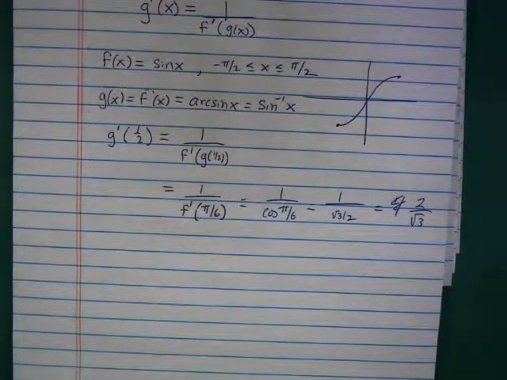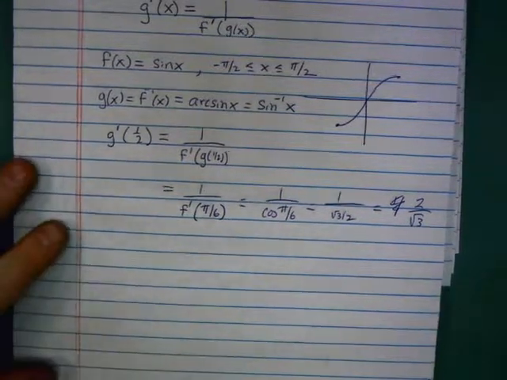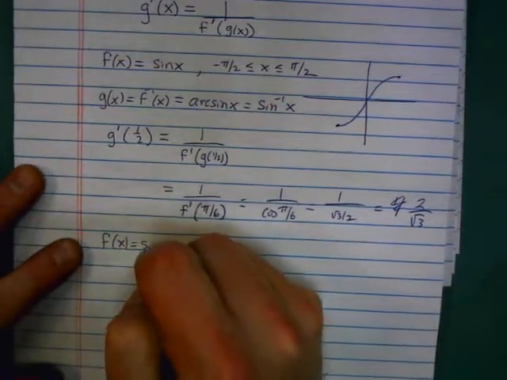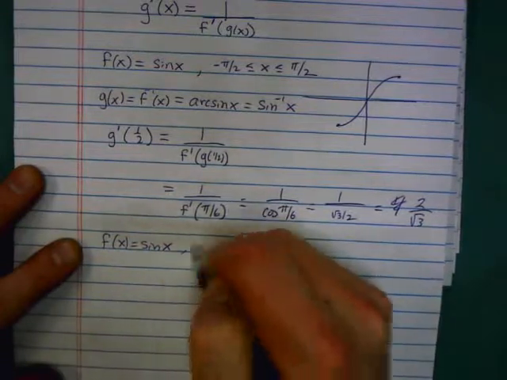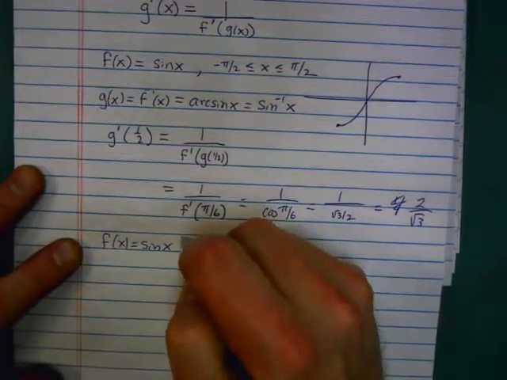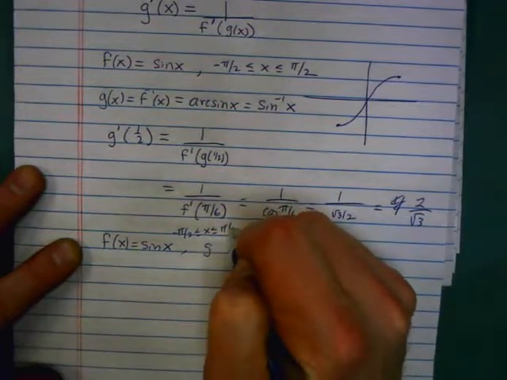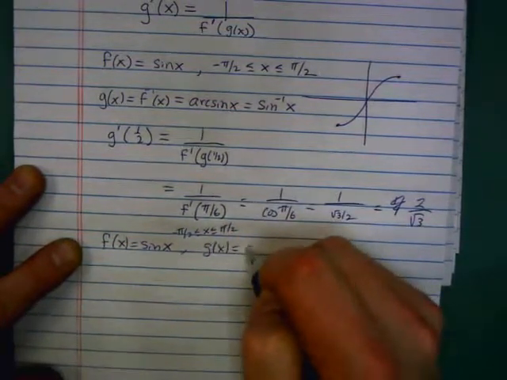You asked a very interesting question: is there a formula for the derivative of arc sine? And my answer was yes. We will deal with this later in the semester, but we can just do it. If f of x is sine, and of course we have to have our limited domain here, then g of x is arc sine.